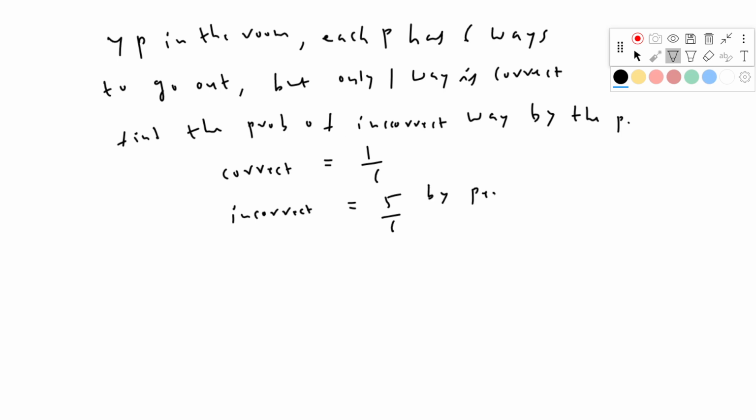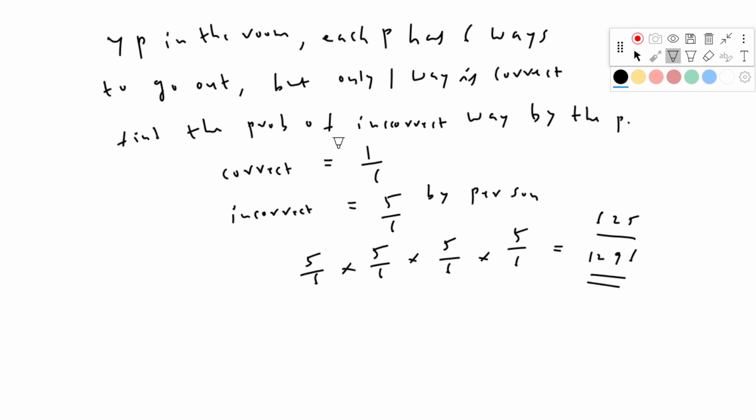So if 5 by 6 is the incorrect for one person, then 4 persons are there. So 5 by 6 into 5 by 6 into 5 by 6 into 5 by 6. I can write like this, right? So calculate this value. You will get 625 over I think 1296. Okay, this is the value. Clear? Next one.